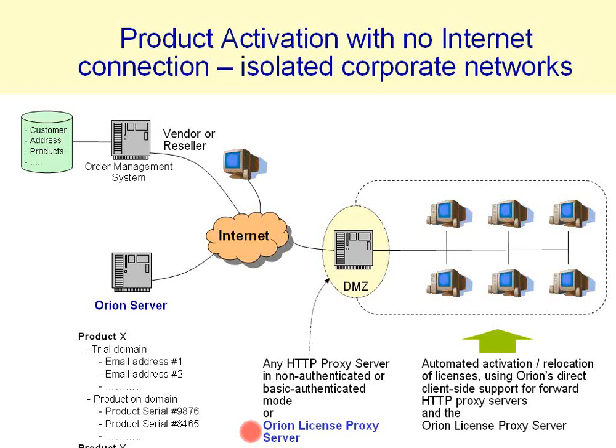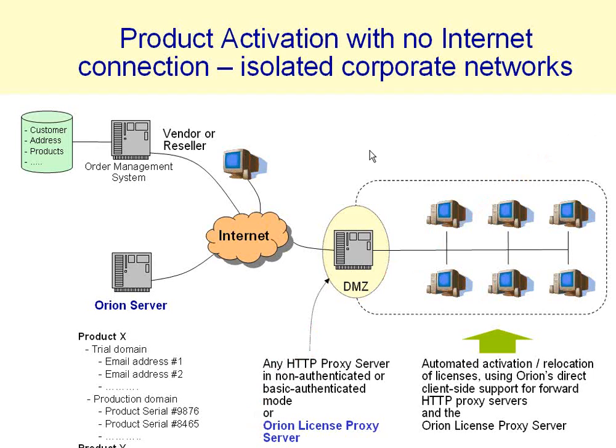So the actual path taken by the activation request, if you will, was from that embedded component through a custom proxy server on the embedded system, out over the internet to the vendor of that embedded system, through an Orion licensed proxy server, back over the internet and back to the Orion licensed server at the software vendor's premises, and then by return to complete the activation step. So it's in fact 2 steps over the internet and 2 proxy servers, and they're able to support that.